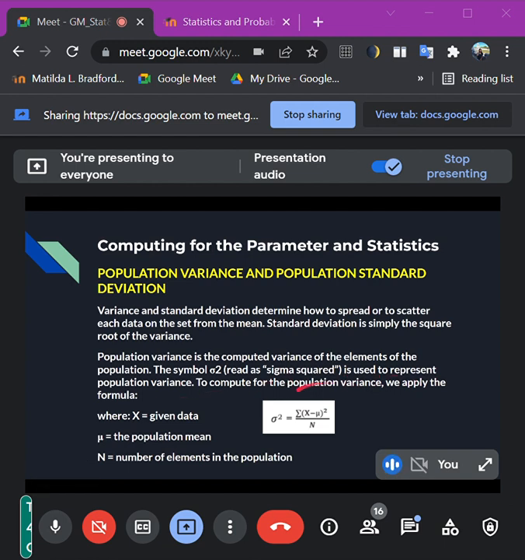You can use this formula to compute it: sigma squared is equal to the summation of x minus the mean, raised to 2, over N. Okay? So x is the given data, mu is the population mean, and N is the number of elements in the population.